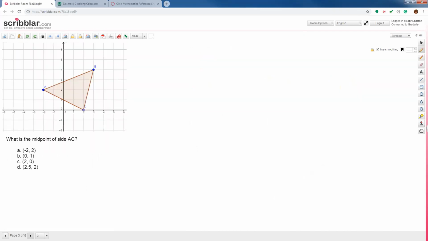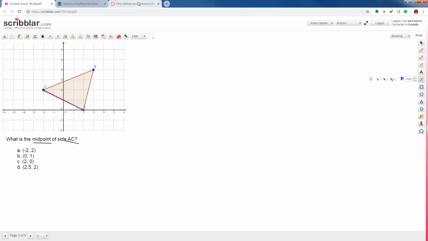Okay, so next one. We're still in the coordinate plane. This time we have a new shape, a triangle, and it asks for what is the midpoint of side AC. When it says side AC, that means you start at A, you go to C. That is the line that goes from A to C. And it wants the midpoint.